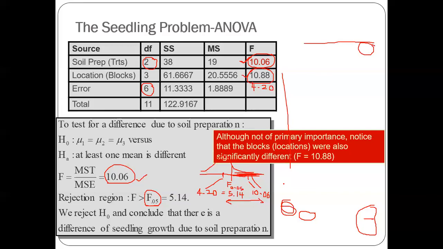And we can also make the second conclusion, that is we fail to reject the null hypothesis, and we conclude that there is no difference of seedling growth due to location. Not due to soil preparation, but due to the location or the blocks.